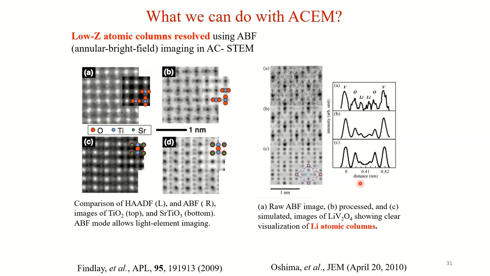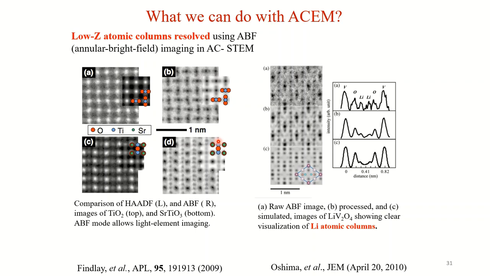And then in STEM, you have different modes. So you have ABF mode, which is annular bright field imaging. Basically you have an annular detector, and in high angle annular dark field imaging, your contrast is proportional to Z squared. It's not exactly Z squared, but it's Z to the 1.6 to 1.8, but let's approximate it to Z squared.